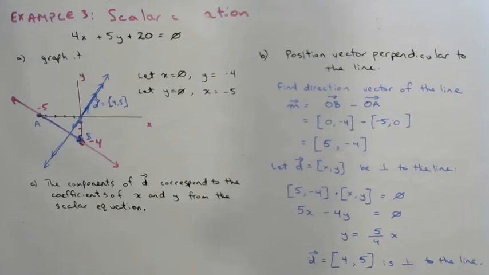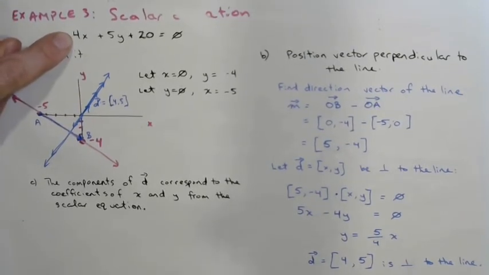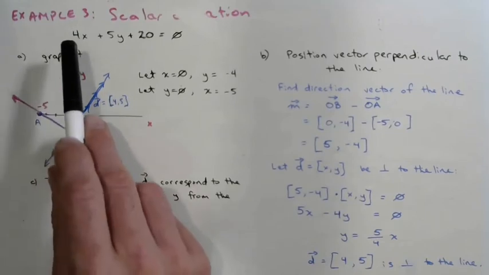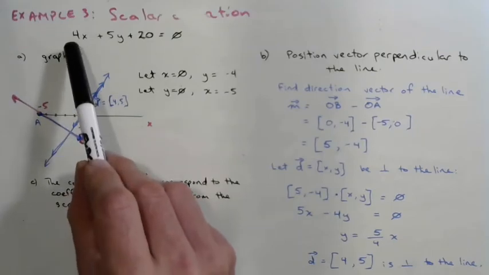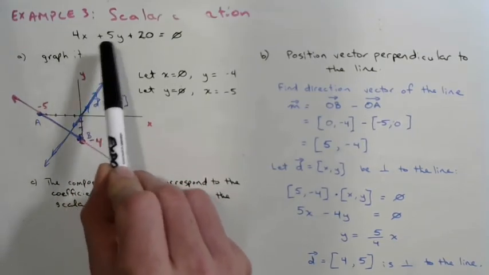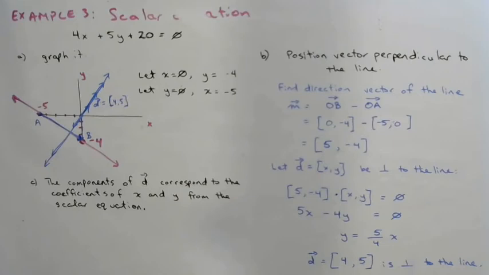That also means that we could have, for instance, doubled each of these. You could take 8, 10 to be your vector, or negative 4, negative 5 to be a vector perpendicular to the original line. Any scalar multiple of 4 and 5, as long as you use the same value on each, will get you a vector perpendicular to the original line.